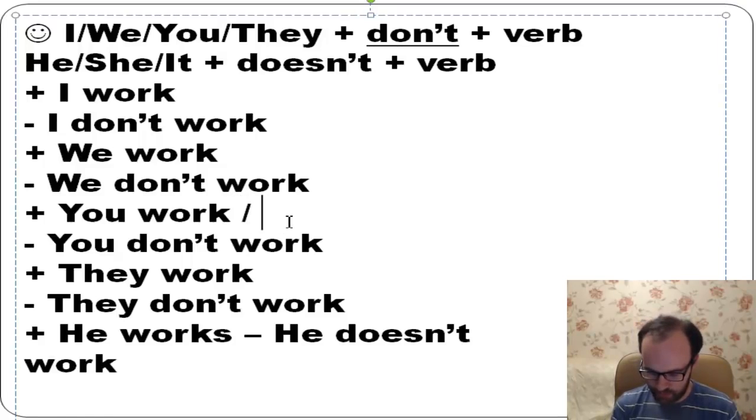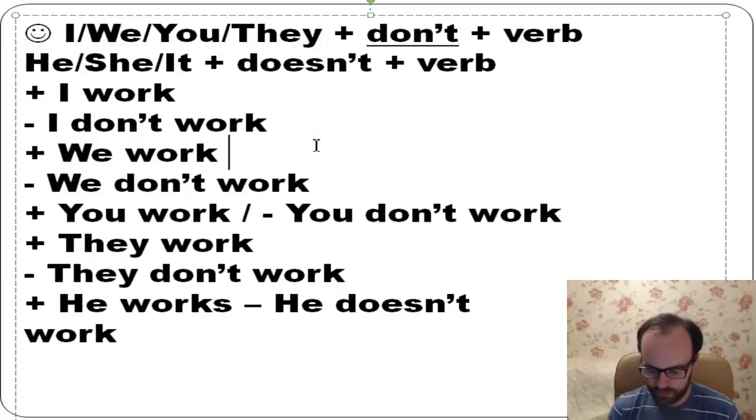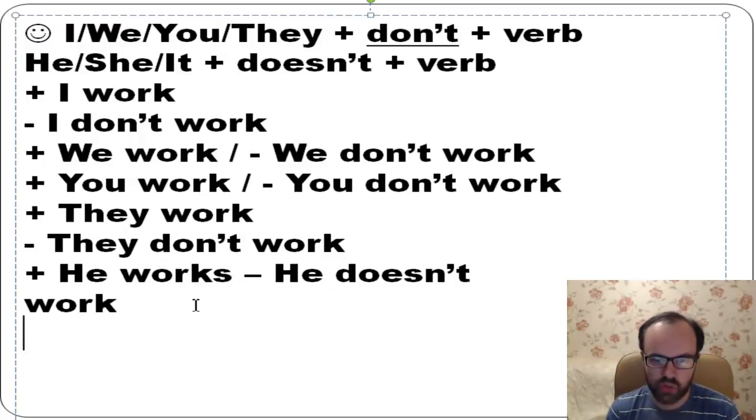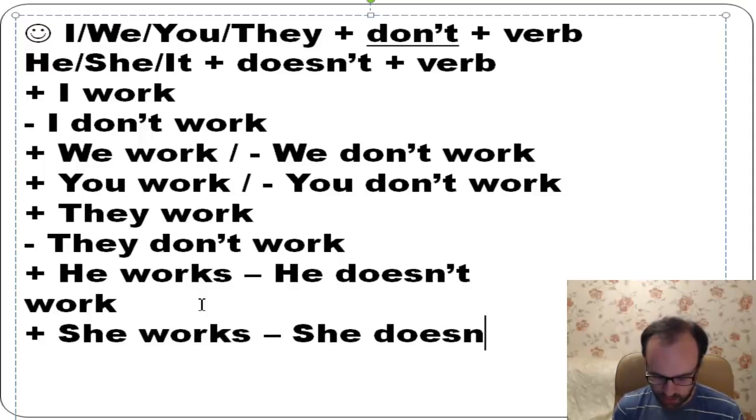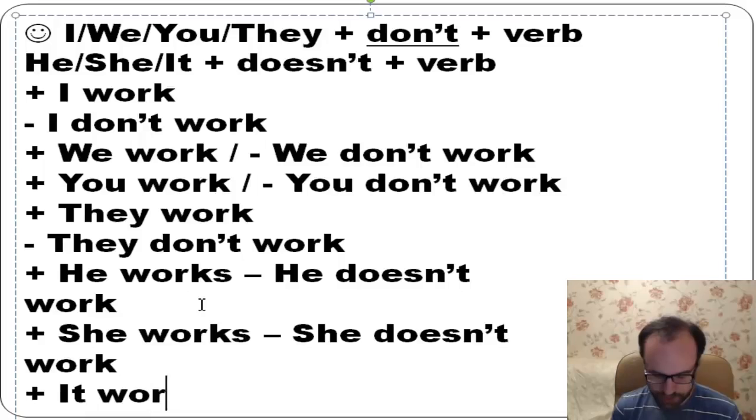Next, she works. She doesn't work. It works.